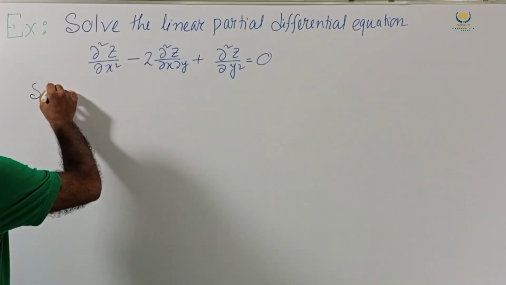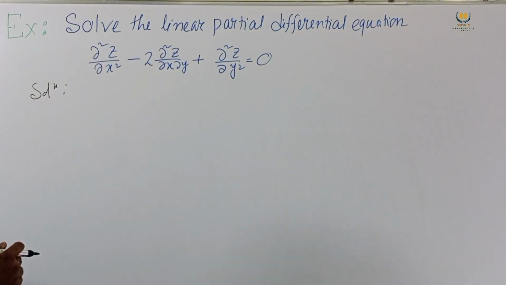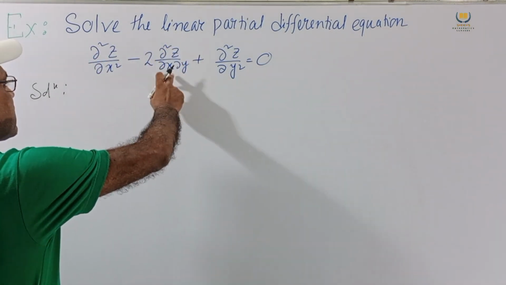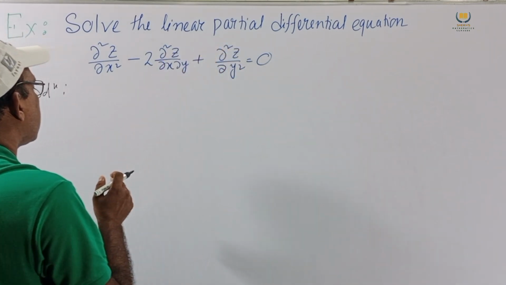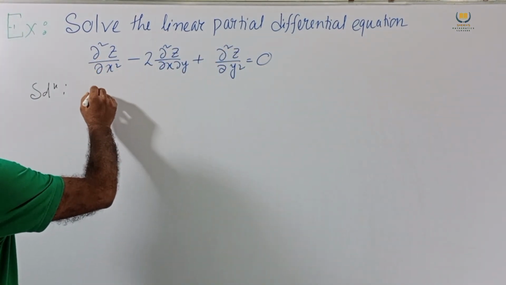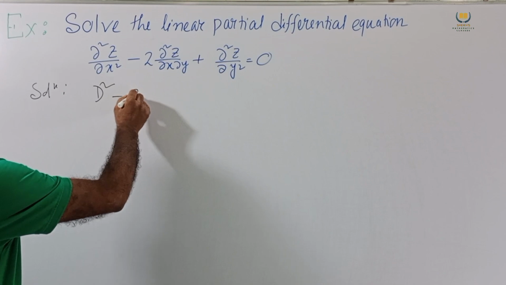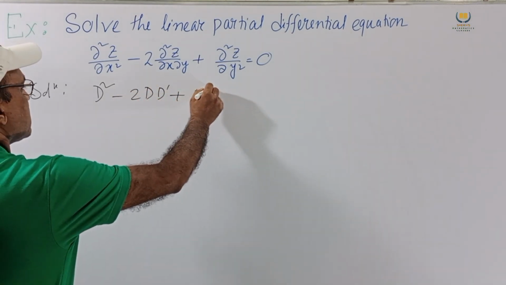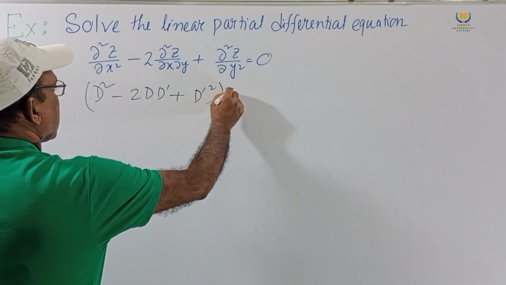So the solution: this one is given, solve the linear partial differential equation del square z by del x square minus 2 del square z by del x del y plus del square z by del y square equal to 0. So this can be written as D square minus 2 D D dash plus D dash square, z.